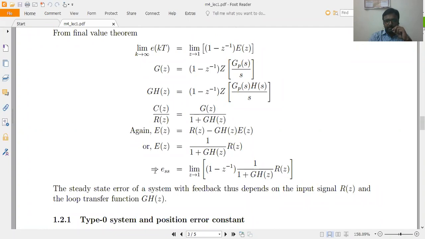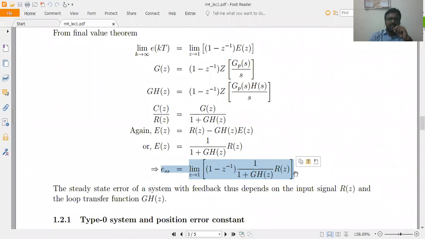So this is the final expression for the steady state error, which is consisting of a feedback H of z.